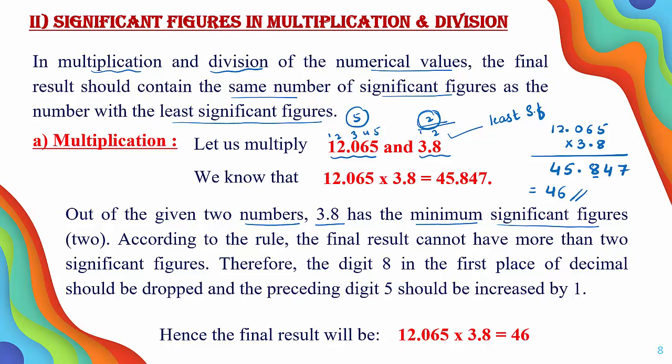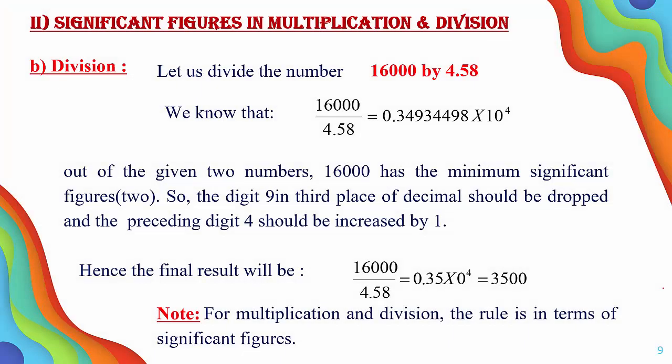So the final result cannot have more than 2 significant figures. Therefore, the digit 8 in the first decimal place should be dropped and the preceding digit 5 should be increased by 1. So the final answer is 46. This is for multiplication. The same rule we can follow for division also.